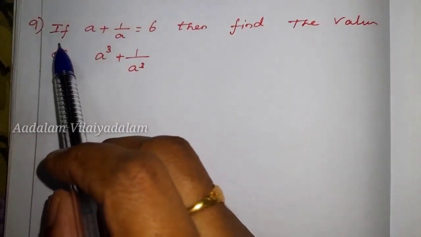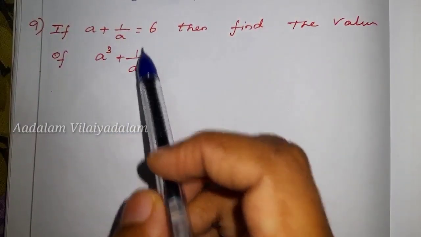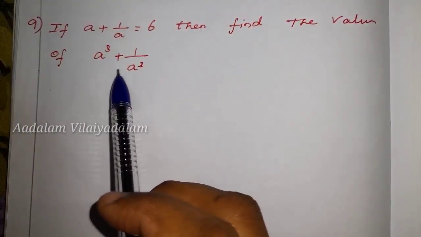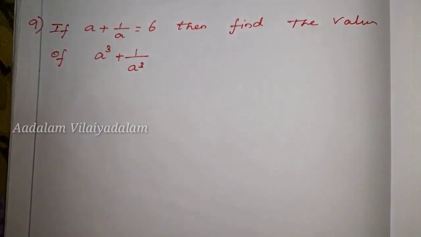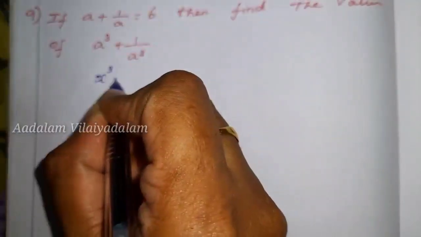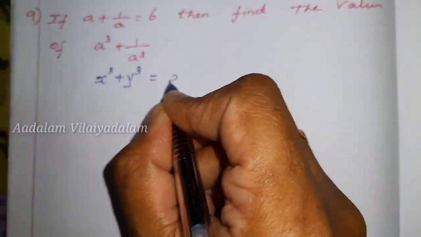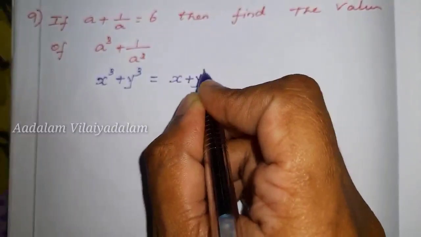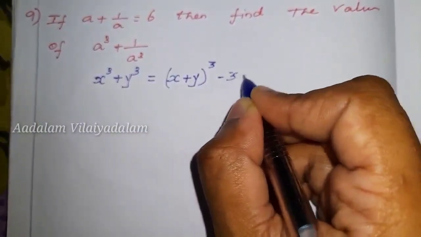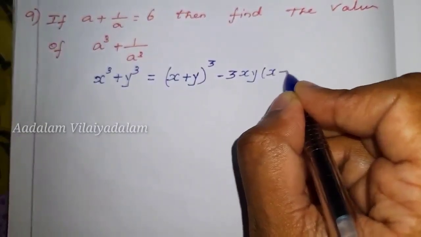Ninth question: if a plus 1 by a is equal to 6, then find the value of a cube plus 1 by a cube. So we know that x cube plus y cube equal to x plus y the whole cube minus 3 into xy into x plus y.